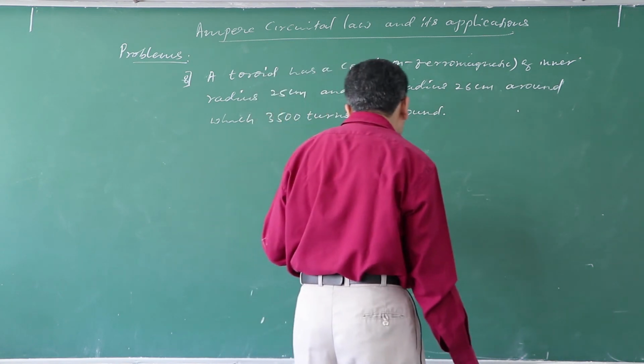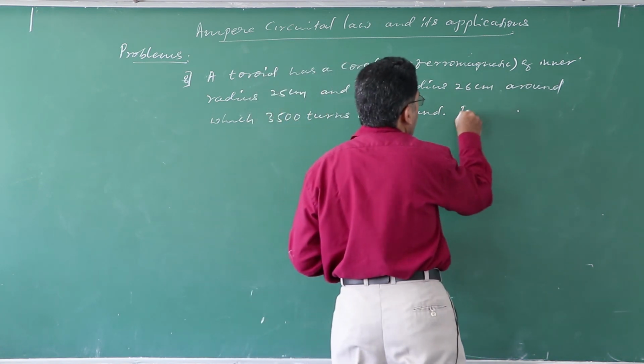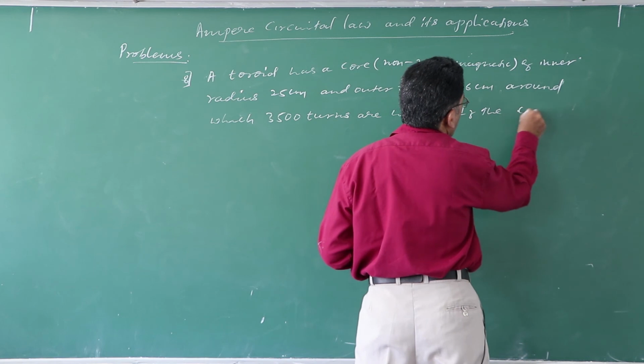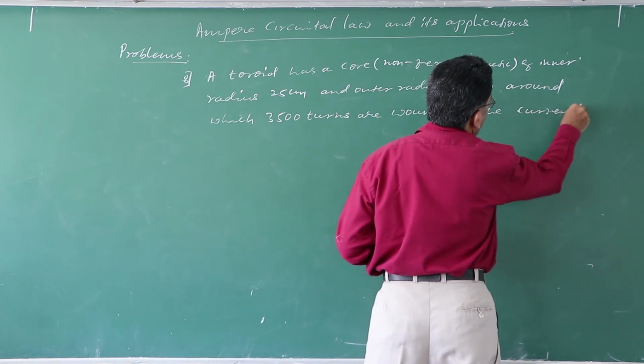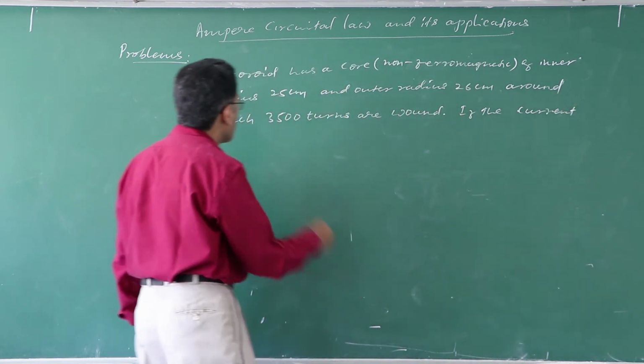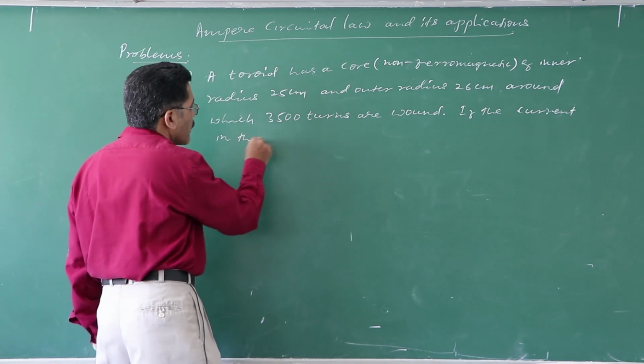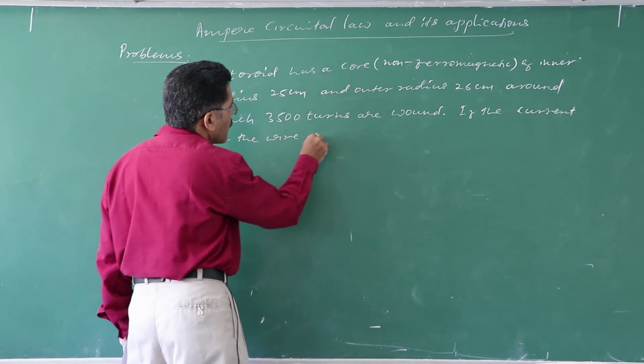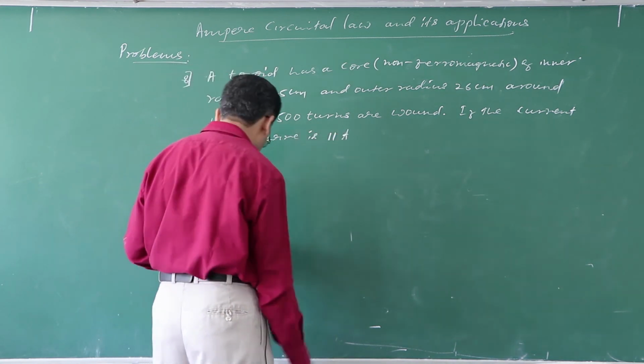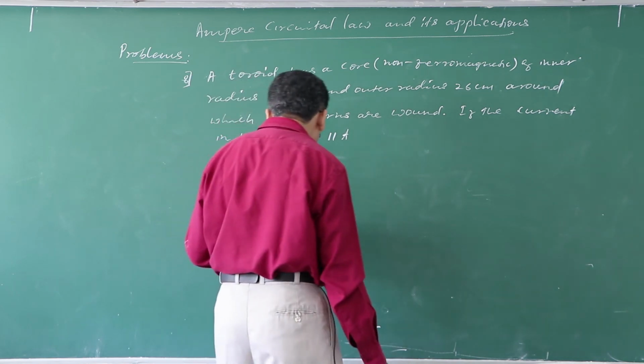If the current in the wire is 11 ampere, what is the magnetic field?